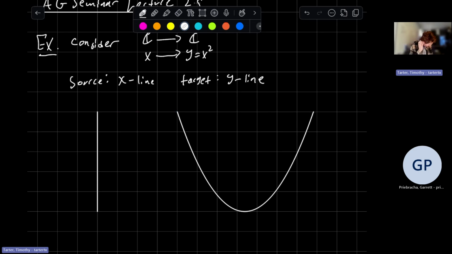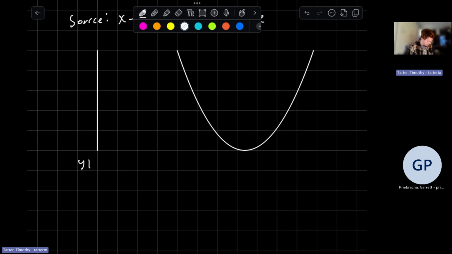There we go. So this is the y line. This is the x line.